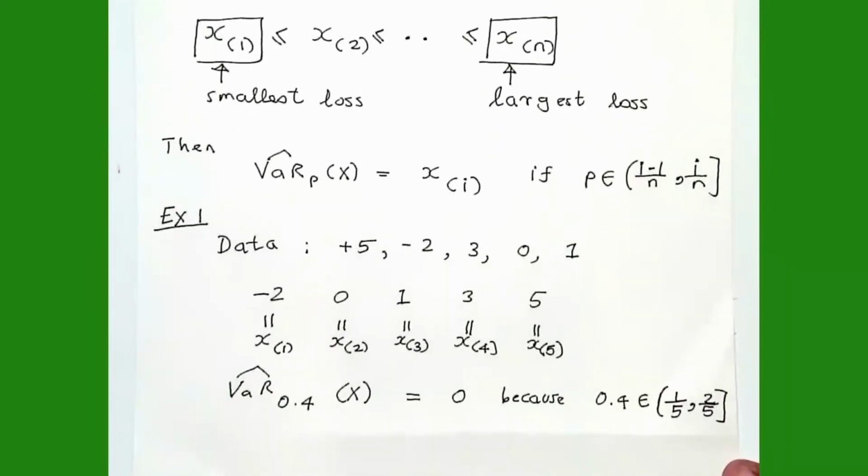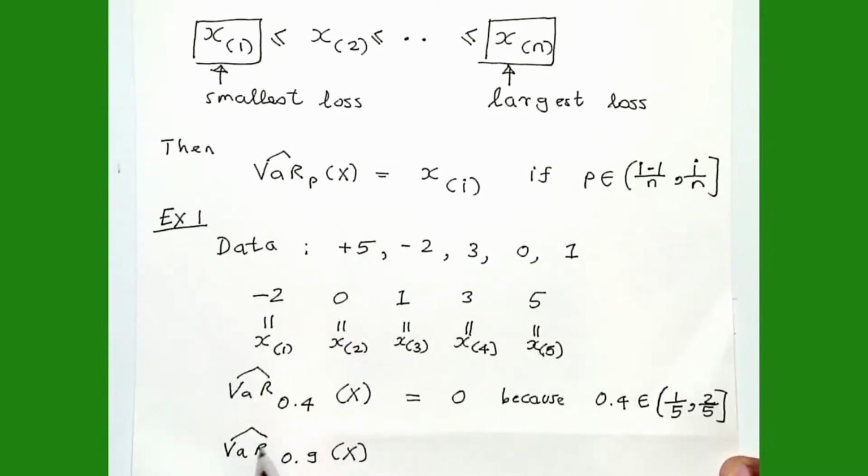And suppose now you want to find VaR at 0.9.